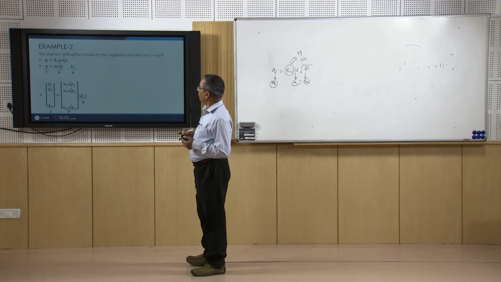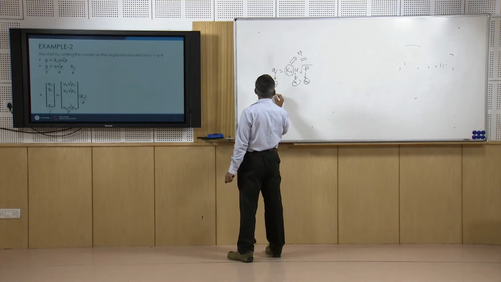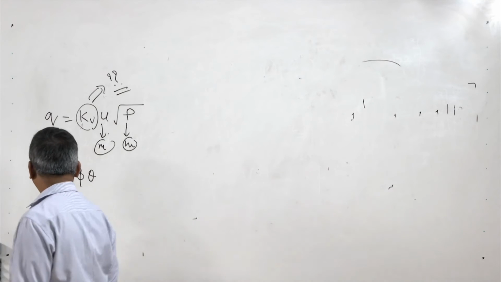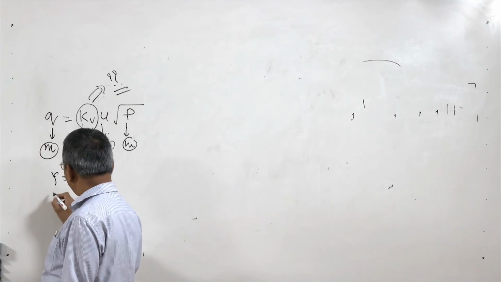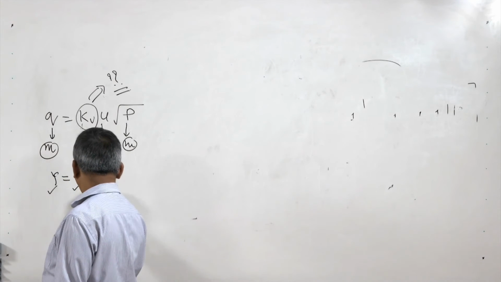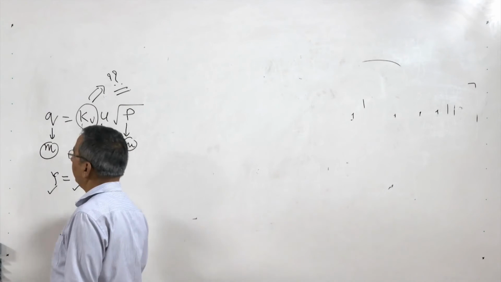Fine. So, we start by writing the model as a regression model of the form y is equal to phi theta. You remember we had the model y is equal to phi theta, and in this we assume that we know the value of y, we know the value of phi, and we want to find out the value of theta.